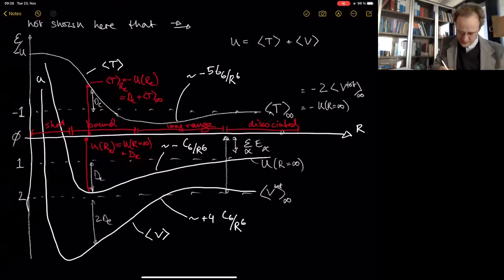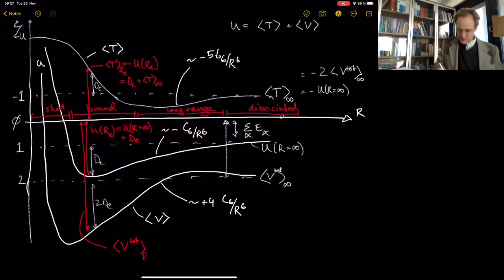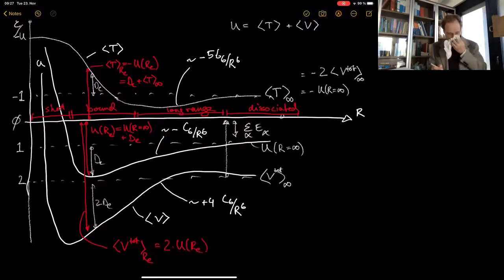Likewise, for the potential energy, you will find that V tot at the equilibrium distance is 2 times U at the equilibrium distance, right?